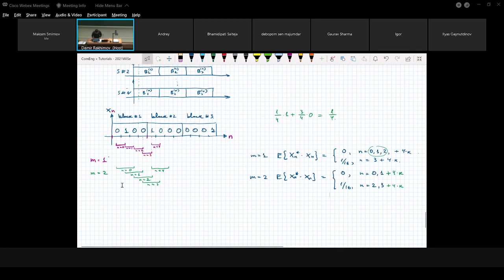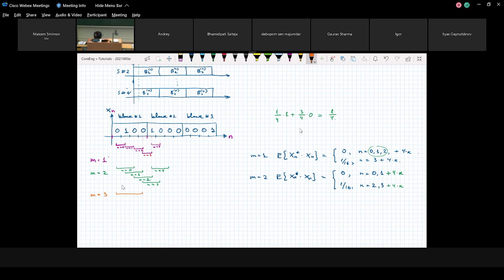Let's continue. Then we go to n equals to, let's say... So again, we start with our first sample. I take the third sample. Am I still within one block?